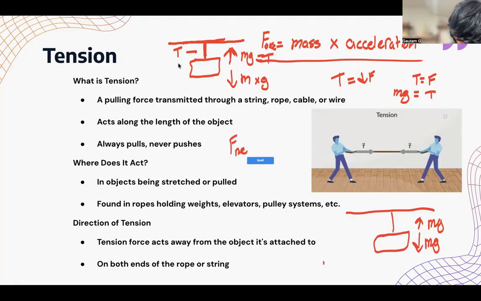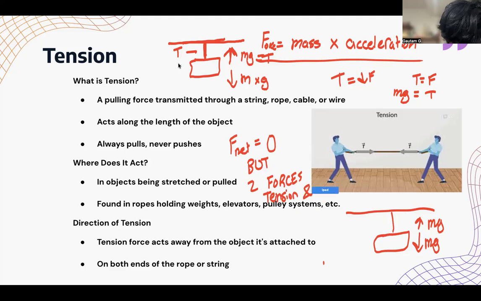F net equals zero, but two forces: tension and gravitational force. Does this make more sense to you guys?